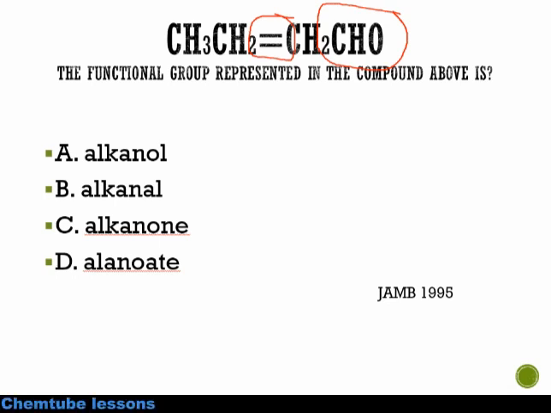When you see a compound that has two functional groups, for example like this, the carbonyl group is prioritized over the double bond, the single bond, or the triple bond. So therefore, the answer to this question is alkanal. That's the answer, because it's prioritized over the double bond.